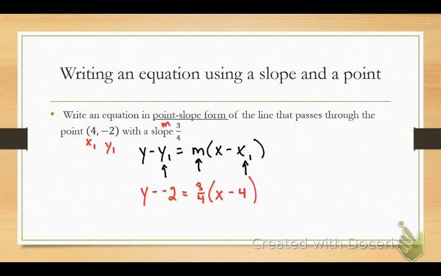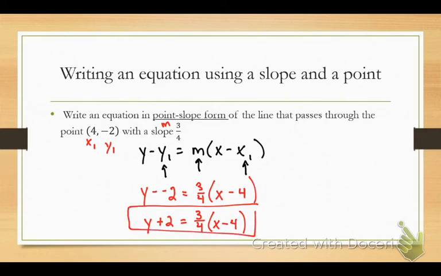So y plus 2 equals 3/4 times x minus 4. I have written the equation in point slope form. That's all you have to do. You do not have to solve it when it says to write it in point slope.